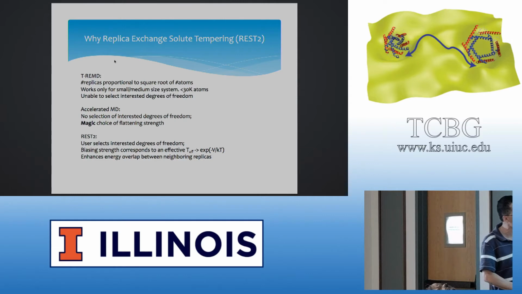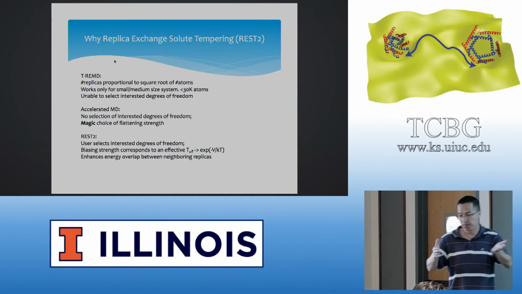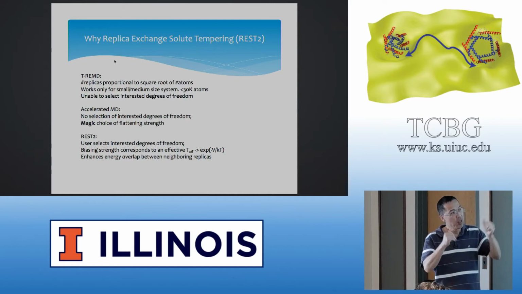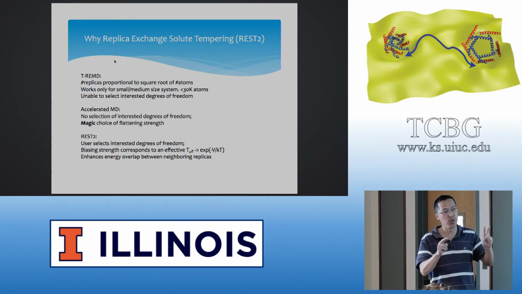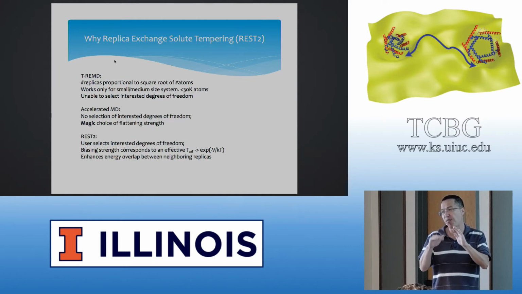Now let's see REST2. Okay, here the 2 means the second generation of replica exchange with solute tempering. In the first generation, there were 2 biasing coefficients that generated branches in the non-bonded pairwise calculation and affected computing performance.